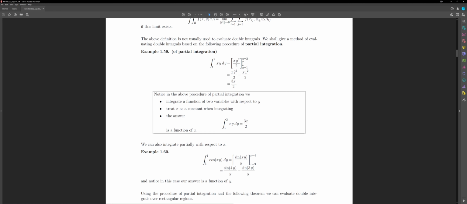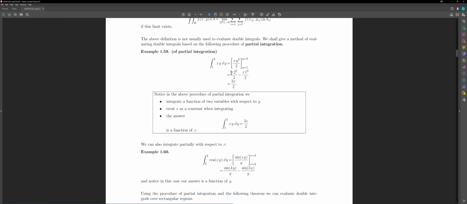Just as how you do it in normal integration, you put in y is equal to 2 first. You put in the top one. So you'd get x times 2 squared on 2, which is 4x on 2. You put in y is equal to 1, so you're going to get x times 1 squared on 2, which is x on 2.